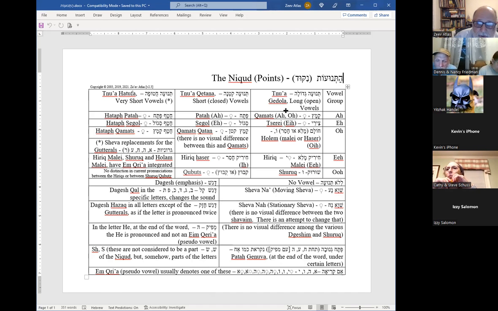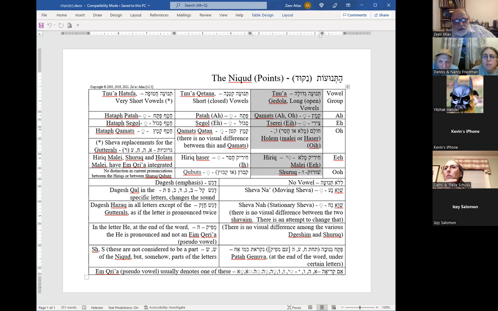This is important because of the way the grammar looks at syllables. We have the tnuot gdolot, the long or large vowels, which are komats, which Ashkenazim say o, and the Sfardim say a.